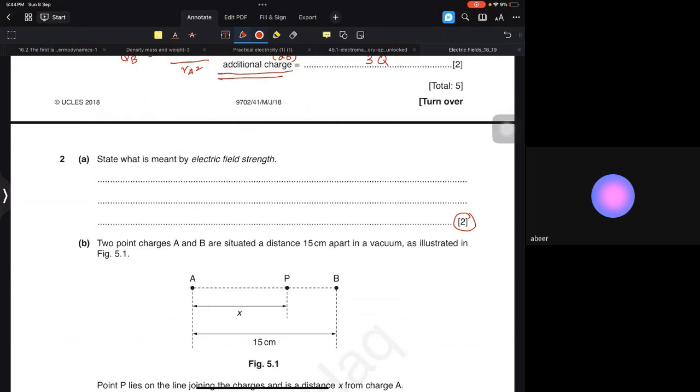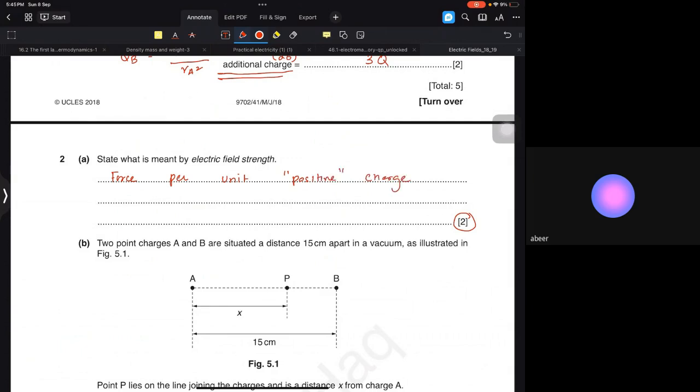So, if I were you, I would basically write that it is the force per unit. Now, this keyword that I mentioned before as well is a unit positive charge.